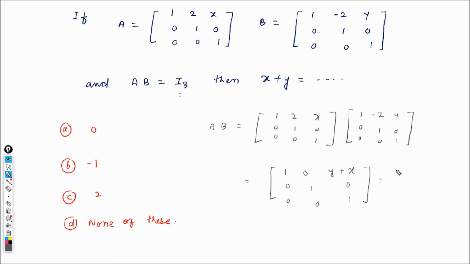I3 means the identity matrix of order 3: 1, 0, 0, 0, 1, 0, 0, 0, 1. Therefore, we equate these two matrices, which are equal matrices of the same order. So x plus y is equal to 0. That means A will be our answer.